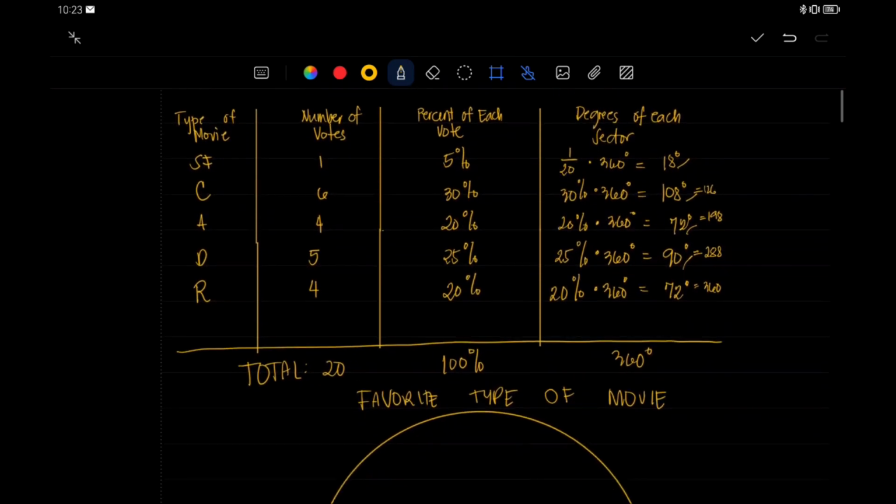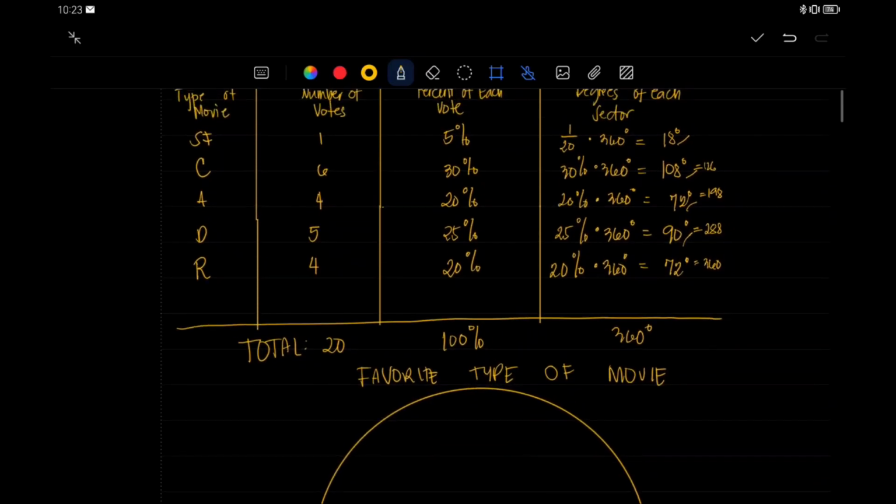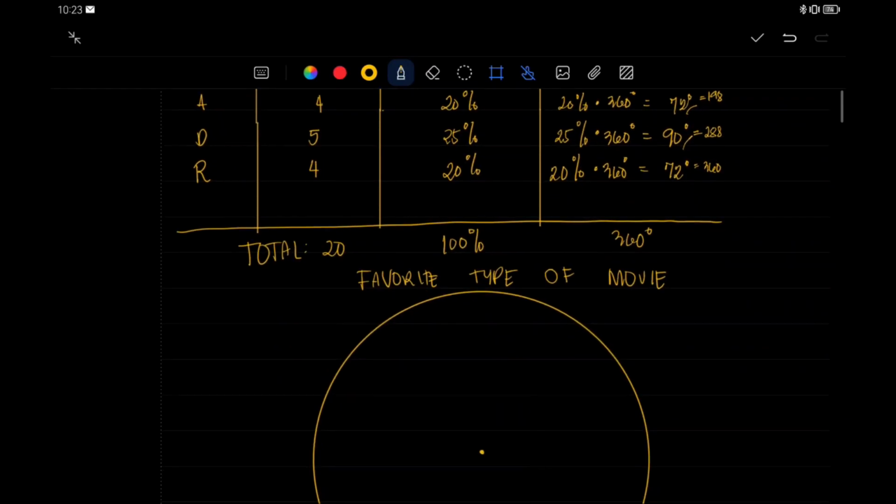For science fiction, we have 5% or 18 degrees. For example, from here to here, this is science fiction, which is 18 degrees or 5%.